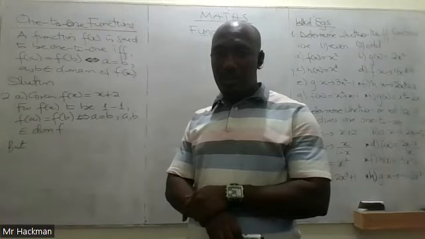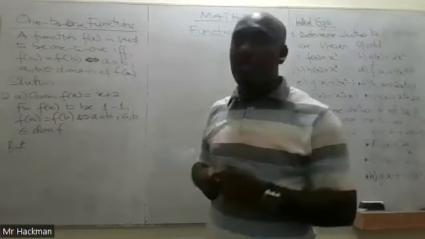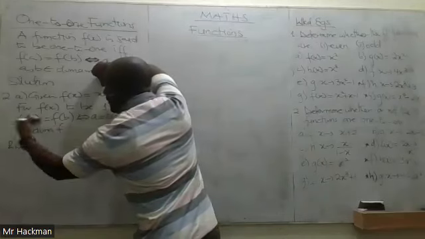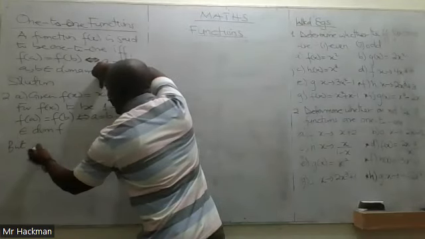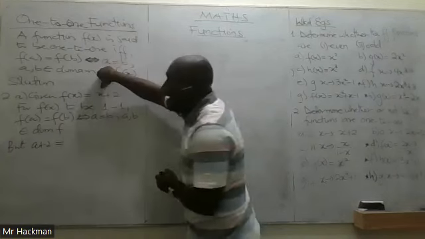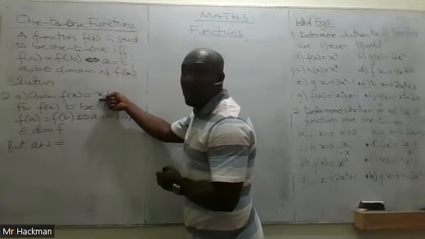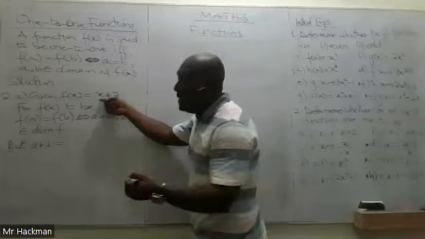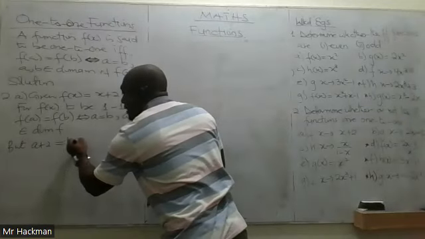We replace x in the function with A. Very good. So my f of A, which is this side of my relation, will give me A plus 2. And that must be equal to f of B. F of B means wherever you see x here, it is equally B. So B plus 2. Do you agree?